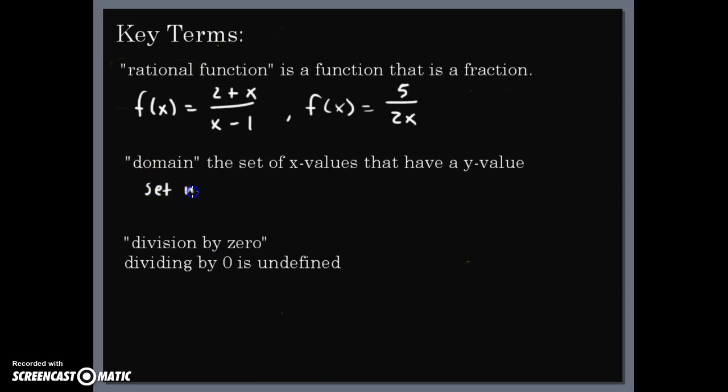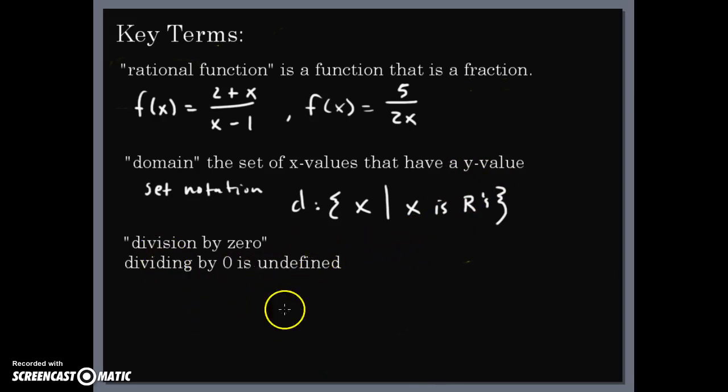Set notation is where you say, okay, the domain is all these x values, and then this would be like x can be any number, all real numbers. You would say x is all real numbers. That means x can be any number you can think of, and there'll be some y value you get after you plug it in, after you evaluate.